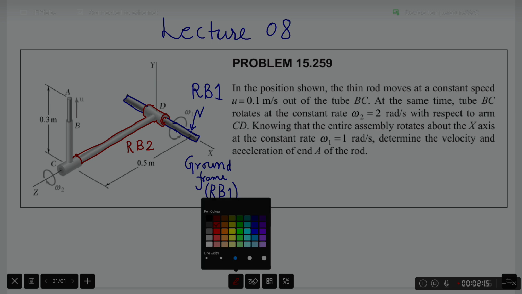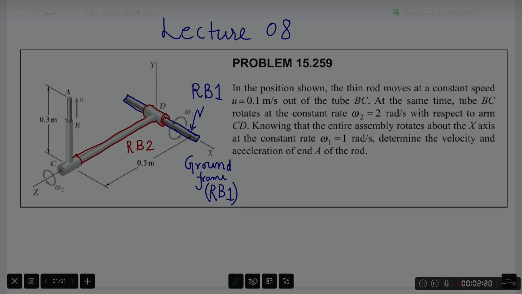Then we have the next adjacent rigid body, which I am now outlining with green color, and we will call this RB3.